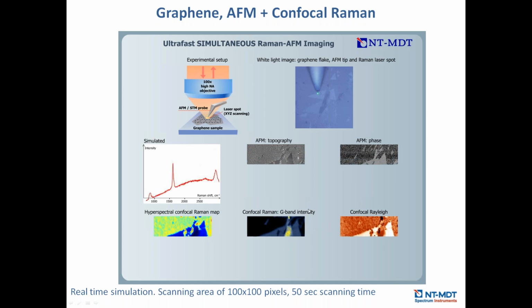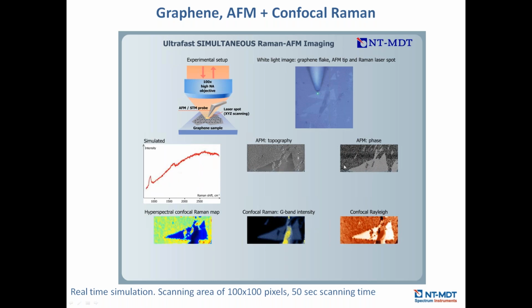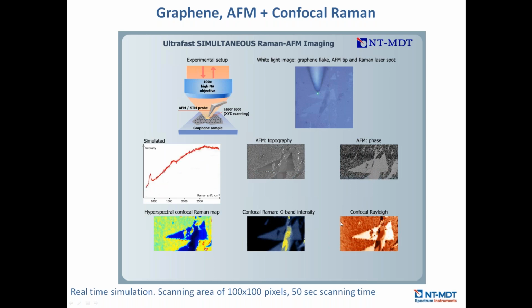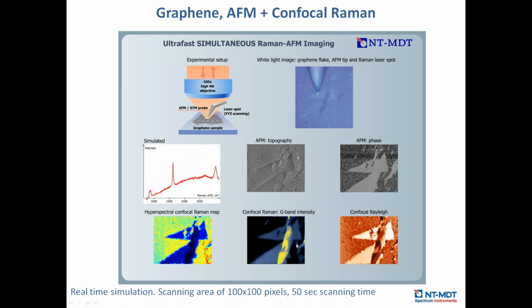As a result, after this 1 minute experiment, we have AFM topography with AFM phase imaging, and simultaneously we have confocal Raman images. For example, this is the G band intensity, which corresponds to the number of layers.